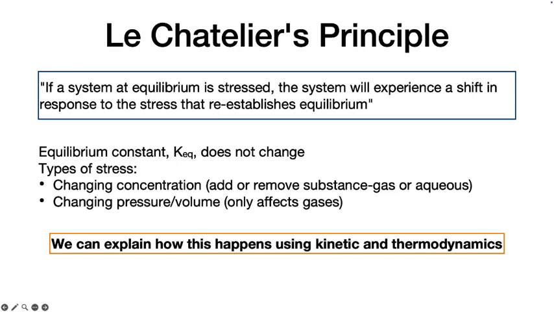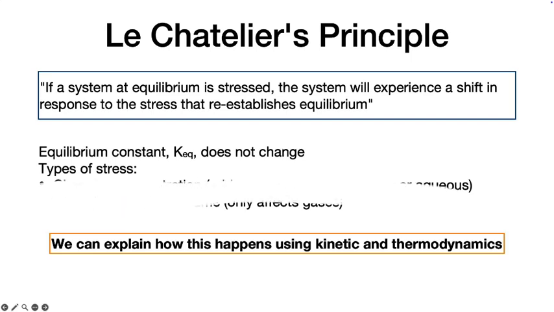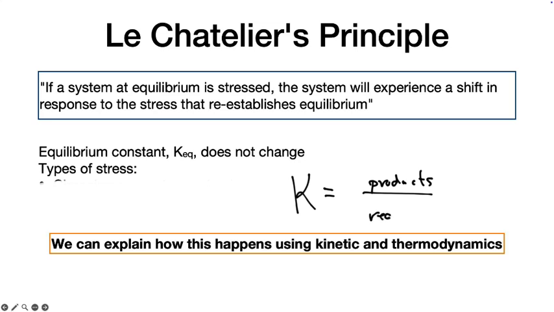So what are the types of stresses that we could do? Okay, well, before we get fancy into that, because you didn't read anything, right? Good. What was K? Products over reactants. Good, do better. Cool. Our brackets meant concentration. What are the units on concentration?